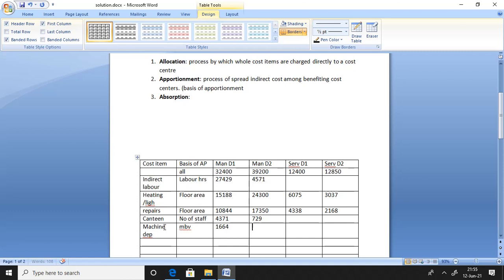For manufacturing department 2, it's going to be 8,320. Service department 1 is going to be 416. That one is done. Back to the question, next cost item.